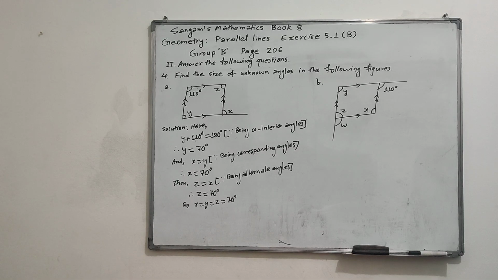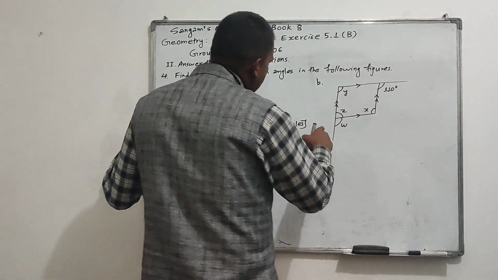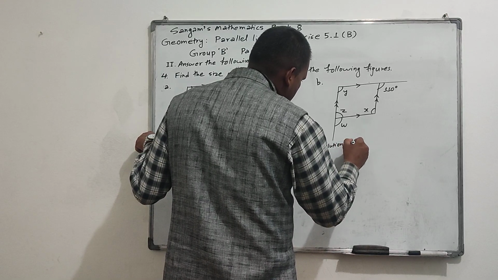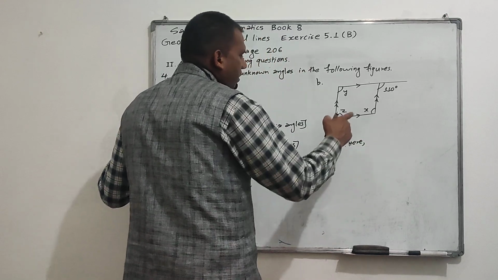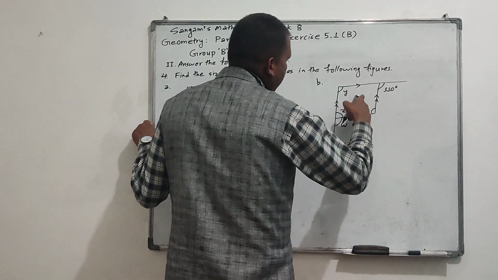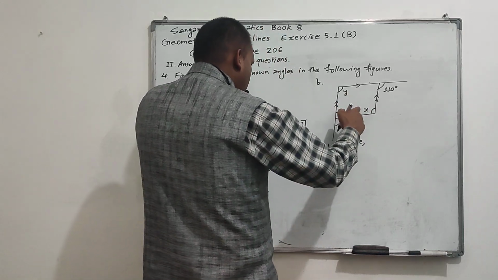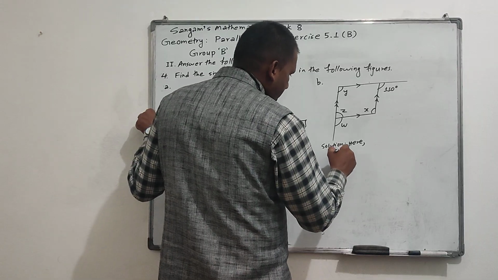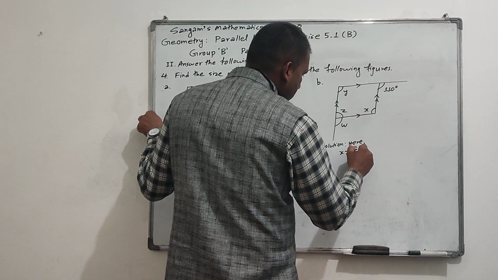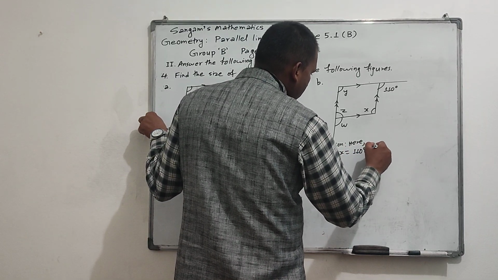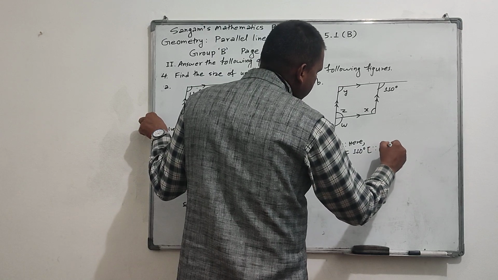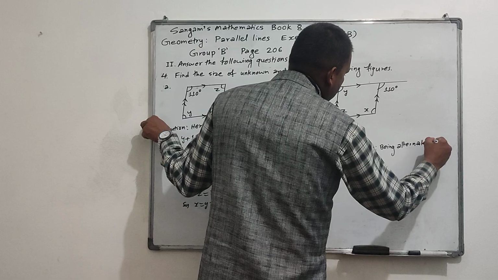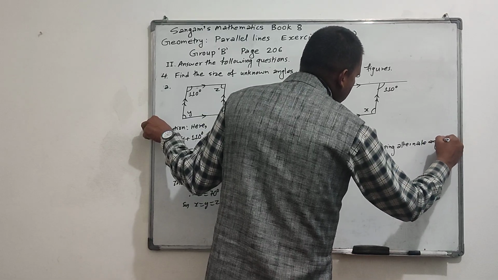Okay, now next question 4b. Its solution here. We have to find values of w, x, y and z on this figure. X and 110 degree, they are alternate angles, so we can write x equal to 110 degree, because being alternate angles.